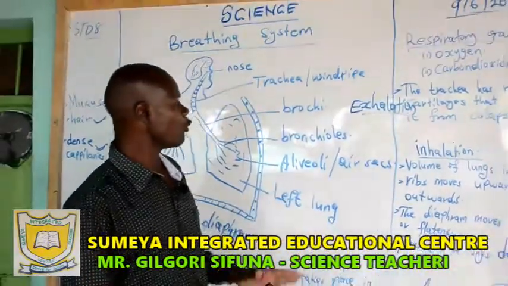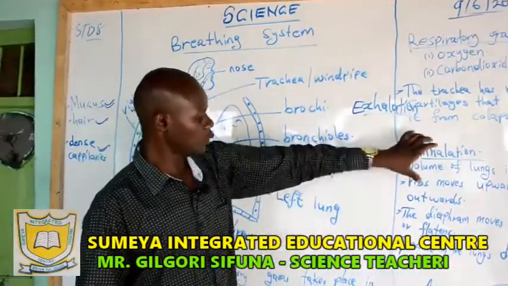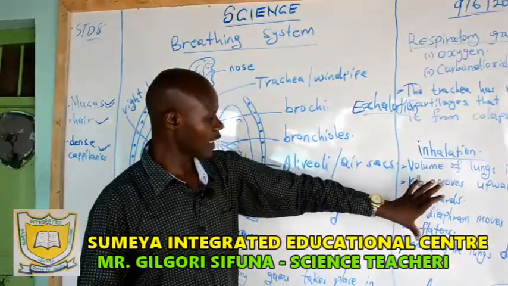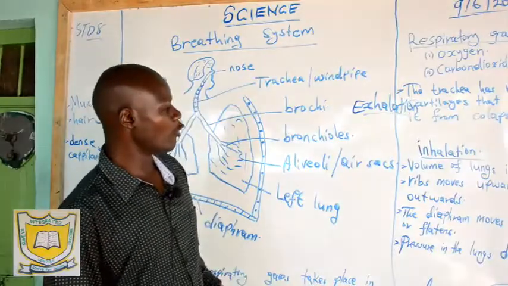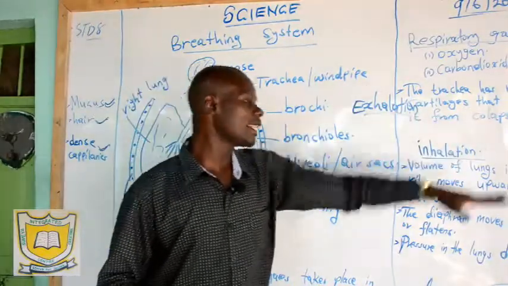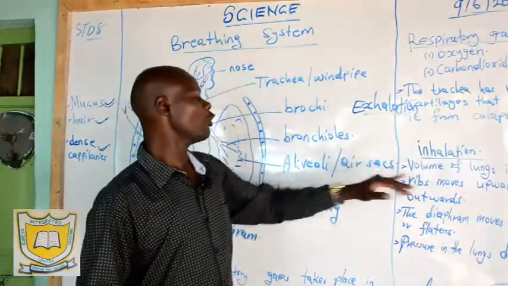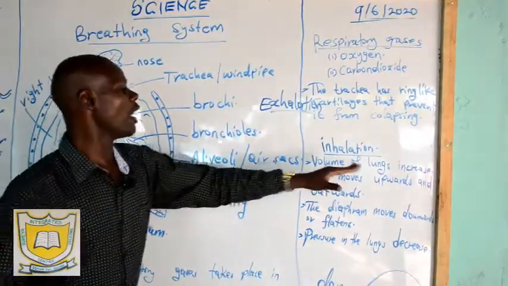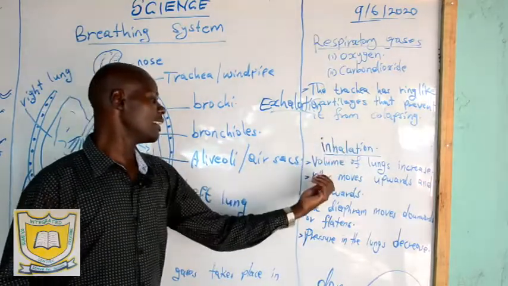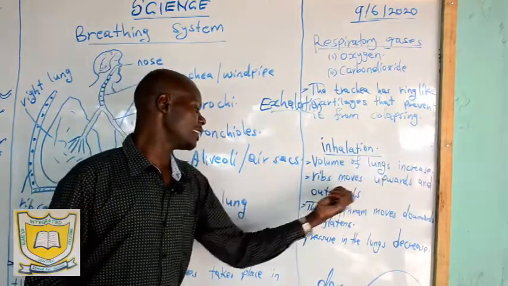Now, I've been talking about inhalation, that is breathing in. Exhalation is the opposite. When you breathe in, the volume increases. When you breathe out, the volume of the lungs decreases. When you breathe in, the ribs move upward and outward.